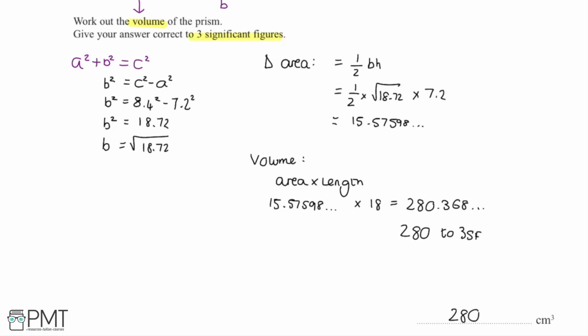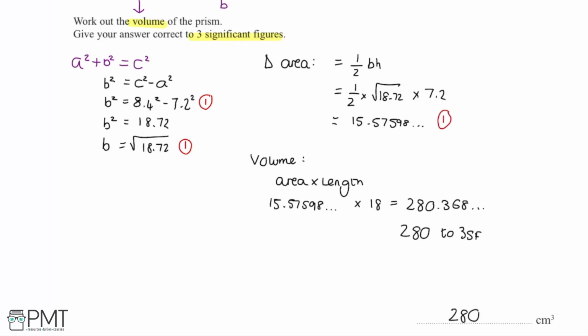As for how the marks are awarded here, the first mark is for starting a process to find the missing side. I would get the second mark for finding the correct value for B, the missing side. The third mark is for a process to find the area of the triangular face.